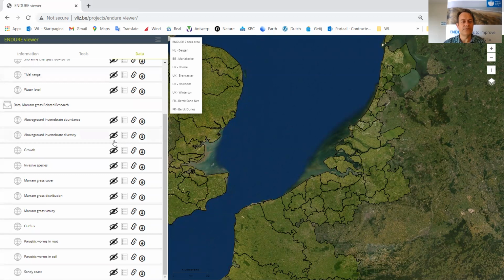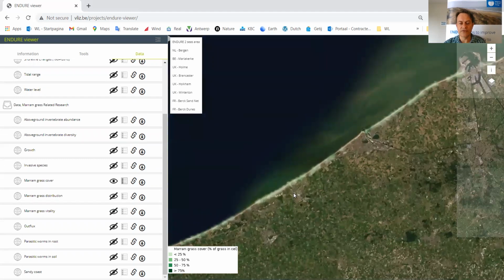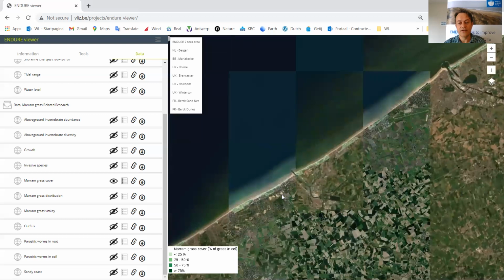Now, moving on the marram grass related research, we have a lot of research done here. I won't go in detail for all these layers, but let's look at one of them. For instance, marram grass cover. I will go to a Belgian site because this marram grass is not everywhere.